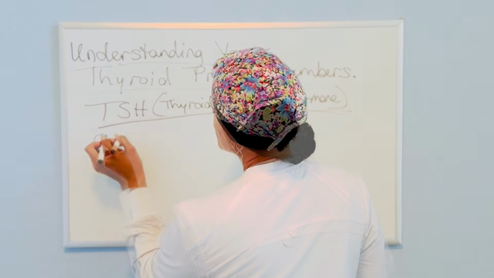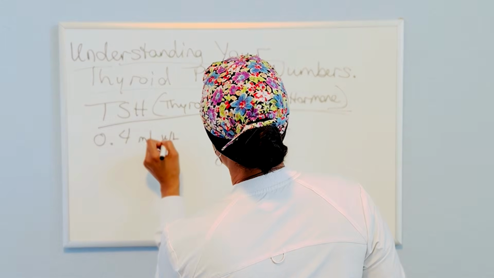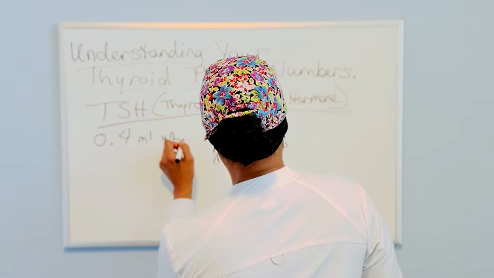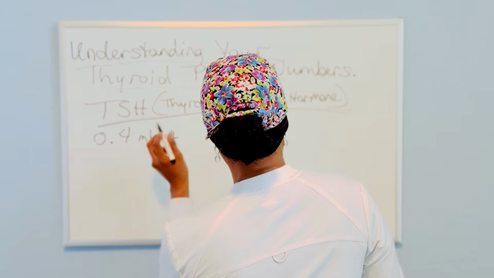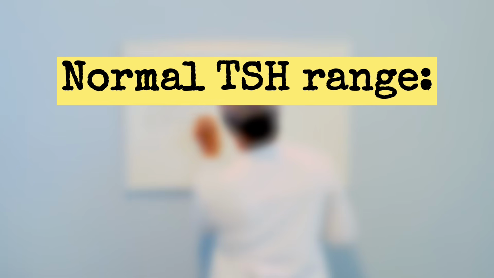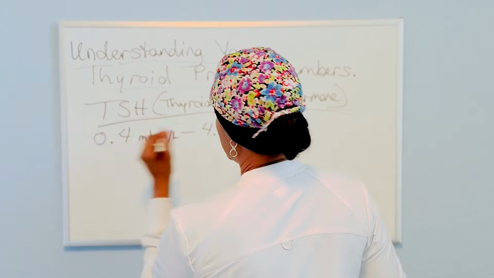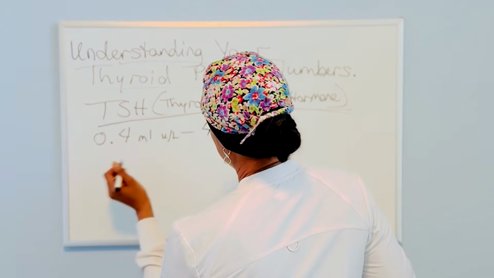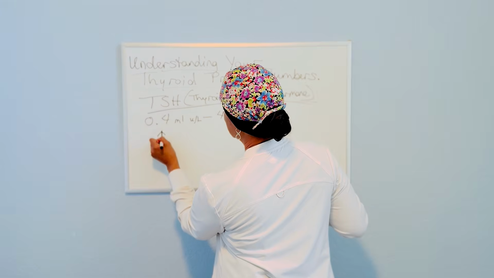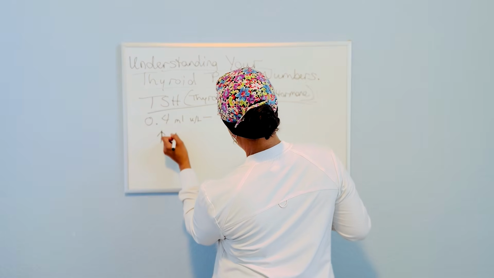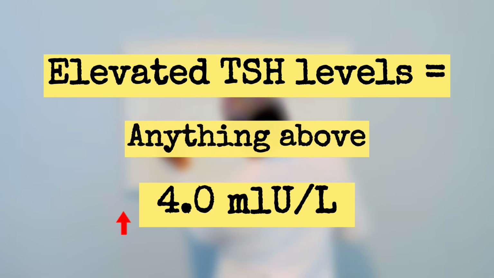Normal TSH is considered normal if it's from 0.4 to 4.0 milli international units per liter. These are the normal ranges of the TSH. Elevated TSH levels is anything above 4.0 milli international units per liter.